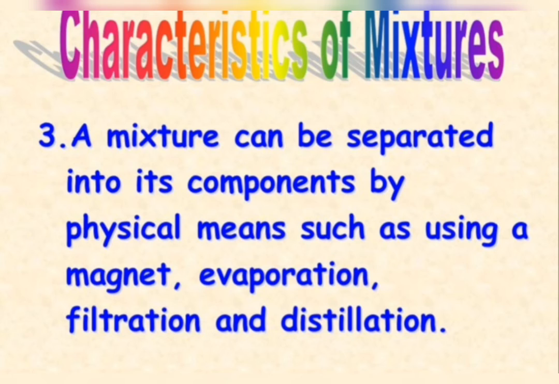But in the case of compounds, we cannot separate them by physical processes because the constituents are combined together chemically. In the case of a mixture, where constituents are not combined chemically, we can separate them by physical processes.